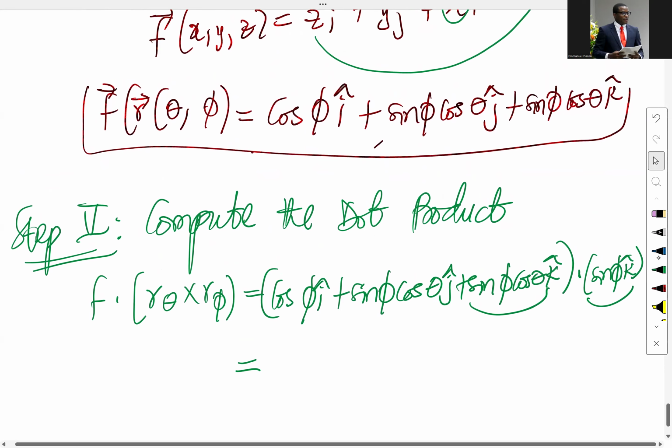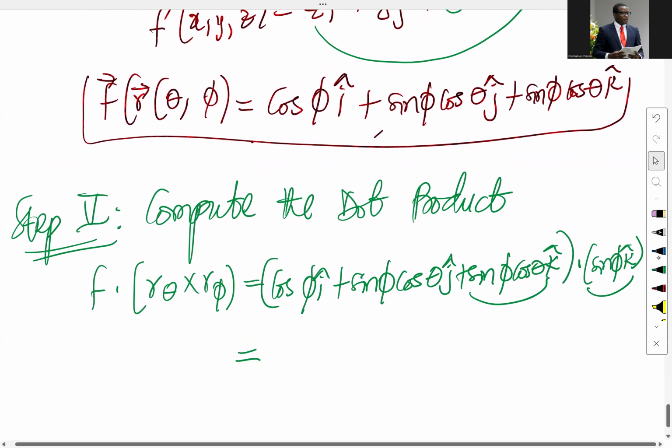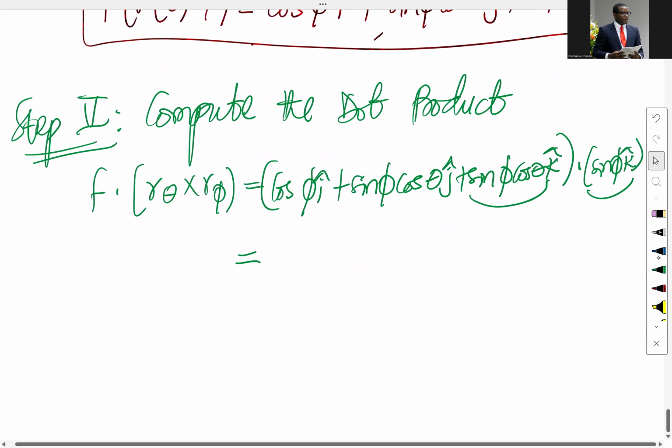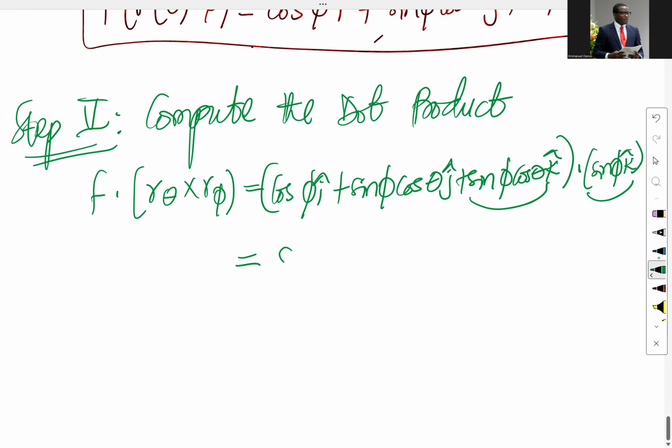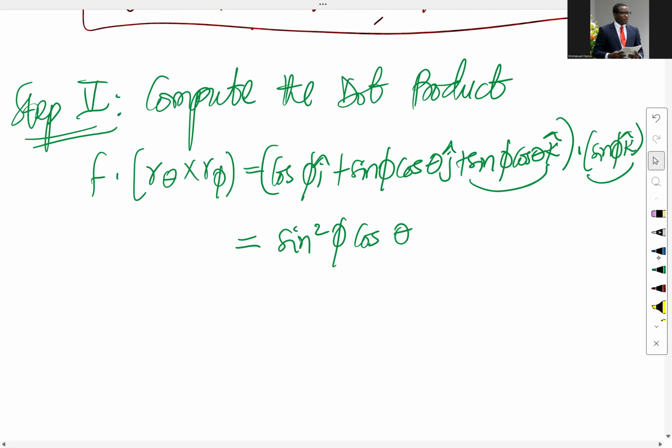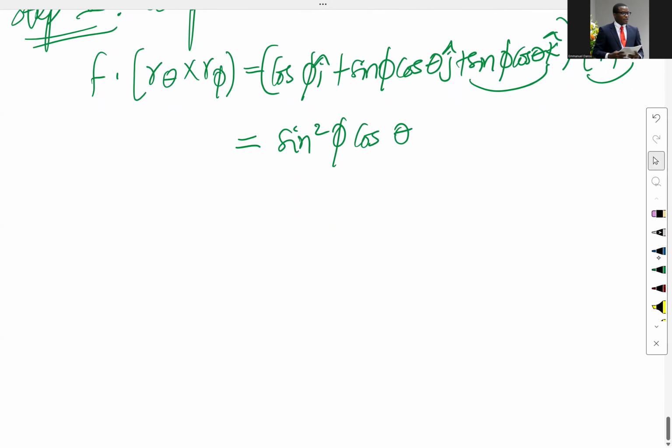So that should be sine squared phi cos theta. It's a dot product now, so all that will go. I think at this point, I just want to jump to the final answer. Okay, so I'll just set this up.